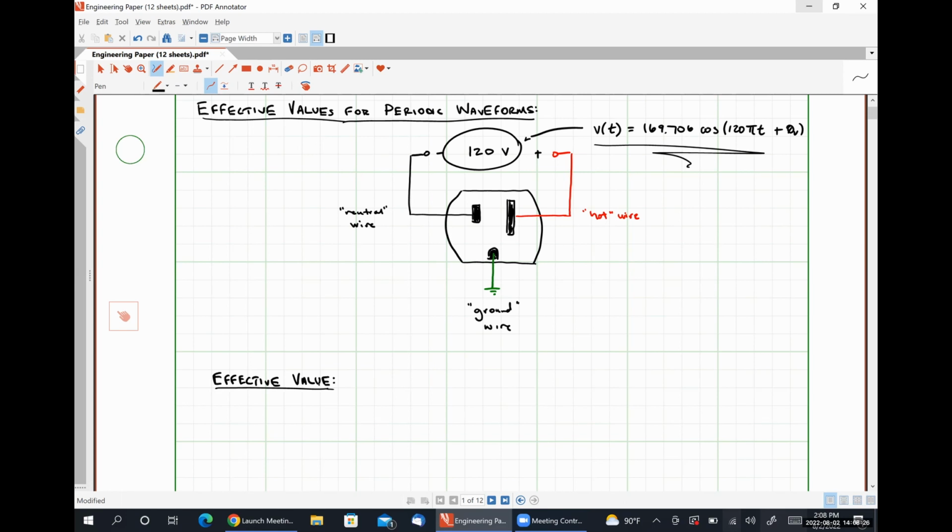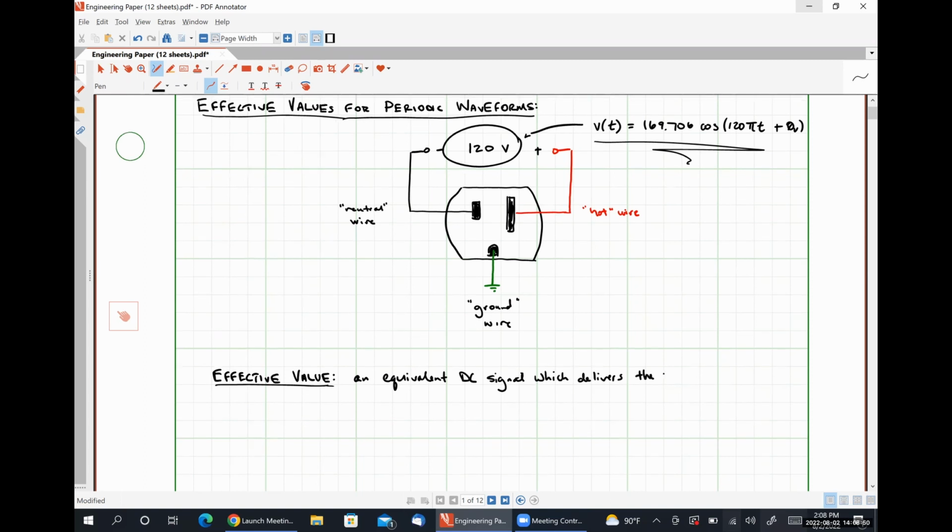An effective value is an equivalent DC signal which delivers the same amount of average power as a periodic signal.